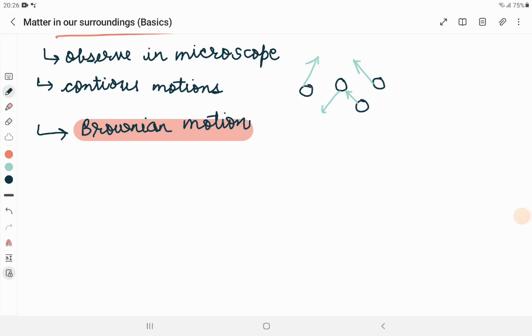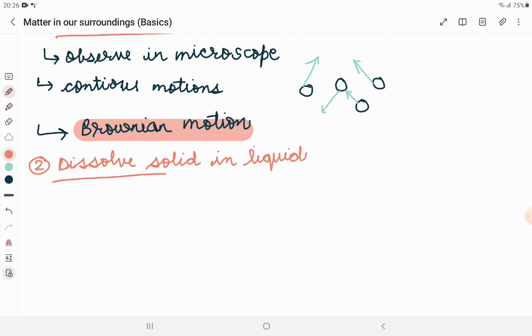Now we can see the second activity, or the second example. The second example says that when we dissolve a solid in liquid, let us see what happens. Suppose you take a beaker which contains crystals of KMnO4.